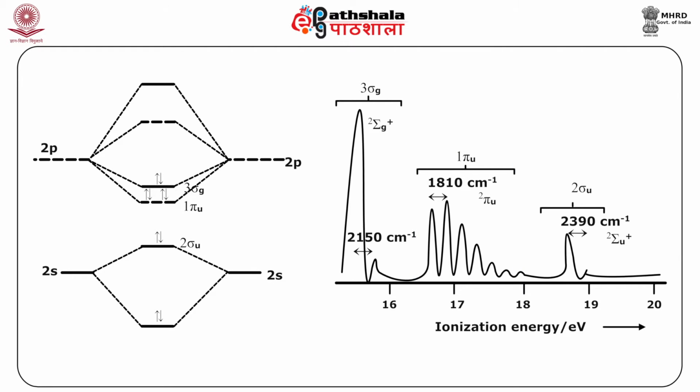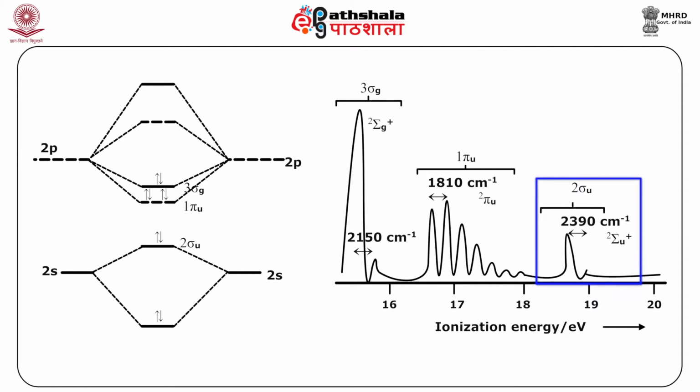That means that the bonding in the molecular ion has become much weaker than that of the neutral nitrogen molecule. All these facts indicate that the πu orbital is a strongly bonding orbital. The bond length also increases considerably by 0.008 nanometer, and it becomes 0.1175 nanometer.